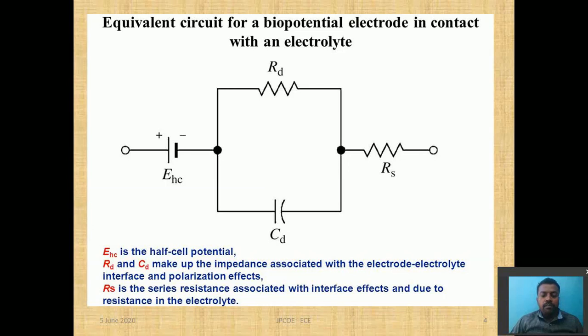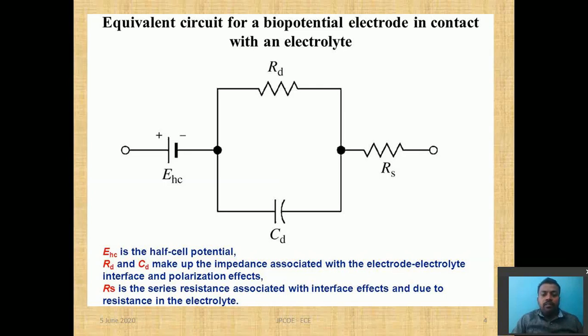That is the impedance associated with the electrode electrolyte interface, also due to the polarization effect. Then the resistance RS is the series resistance, in series with the impedance. So this is a single electrode equivalent circuit.